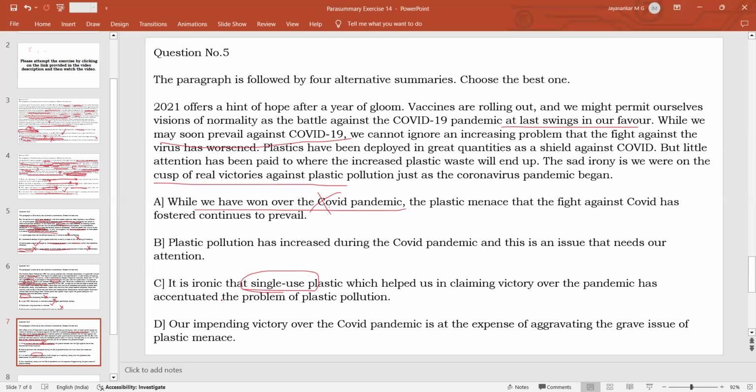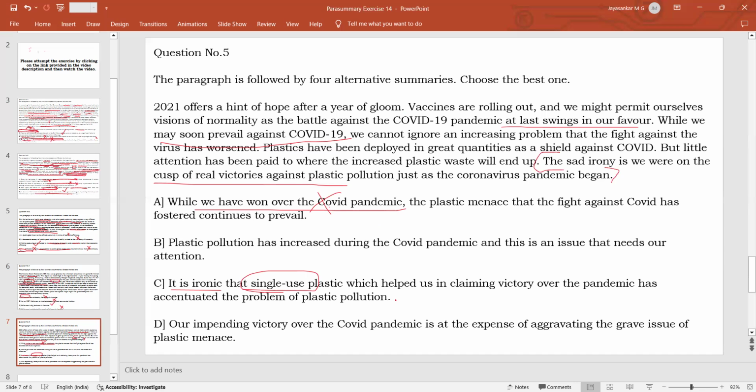Second problem, and a bigger problem, is this irony. What is the irony as per the passage? The irony as per the passage is that we were on the verge of defeating the plastic problem. Suddenly this pandemic happened, and then the plastic problem became a big problem again. That is irony. Whereas the option says that the irony is that the plastic which helped us in claiming victory over the pandemic is increasing the problem of plastic pollution.